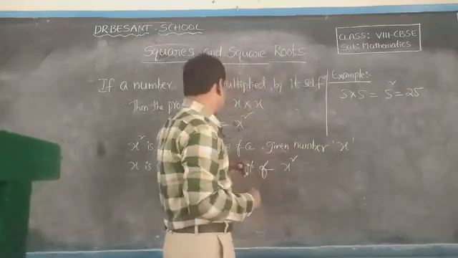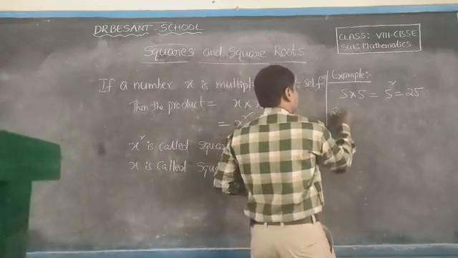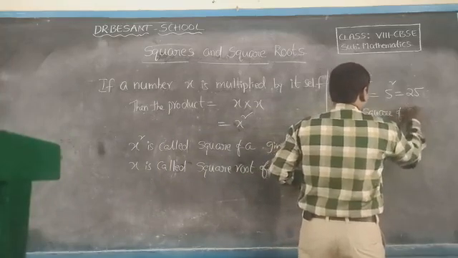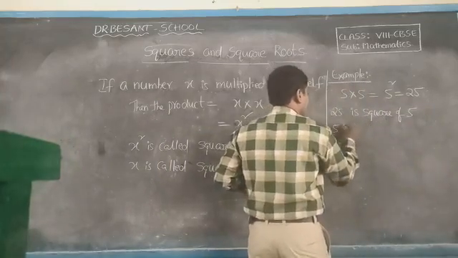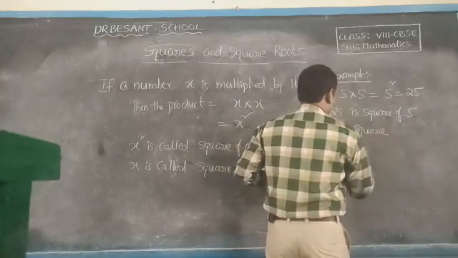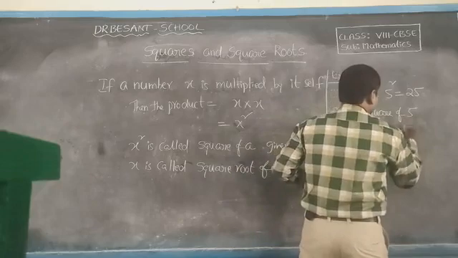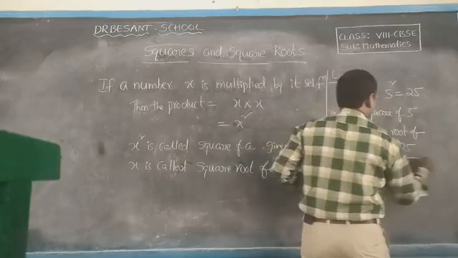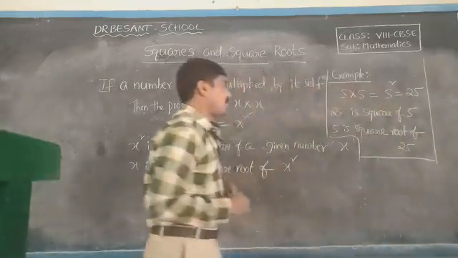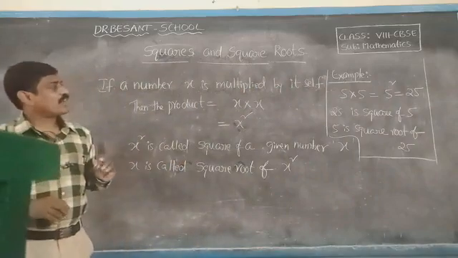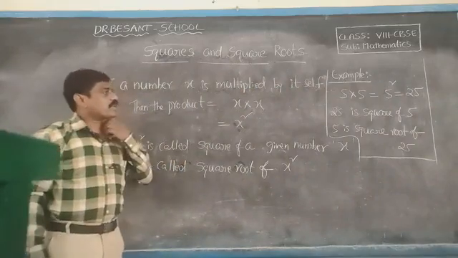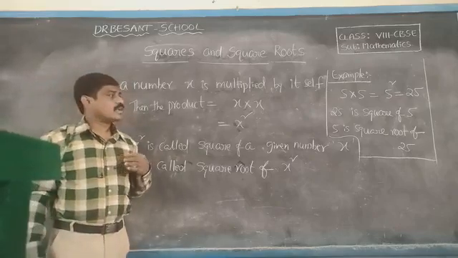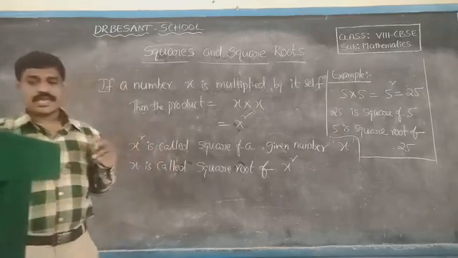So 25 is square of 5. 5 is square root of 25. Understood? So 5 into 5 is equal to 5 square. 5 square means what? 25. So 25 is square of 5. 5 is square root of 25. So this is the example.